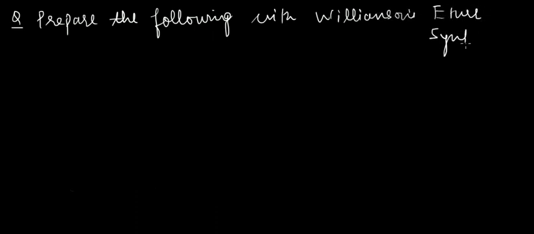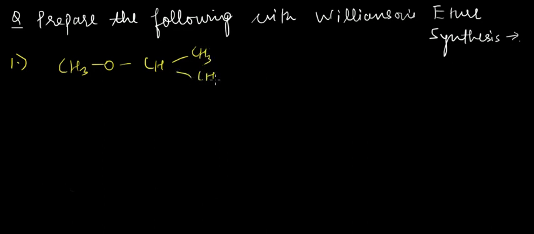Okay, now we have something like this. So we have CH3O. So how can this be prepared with Williamson ether synthesis? The answer is simple. We can use these two as reagents or these two as substrates. We can have this with CH3Br.